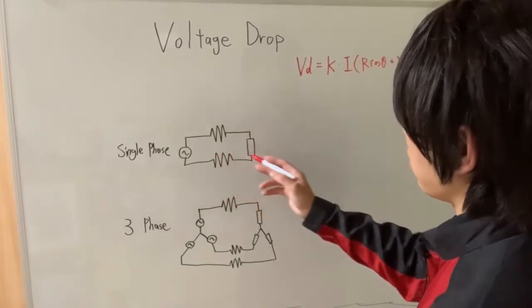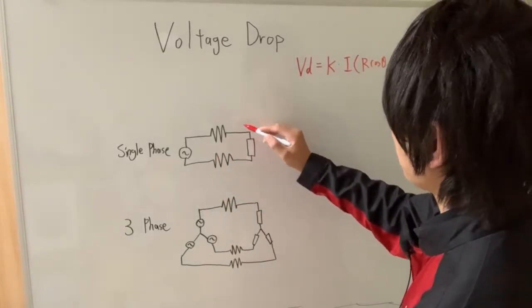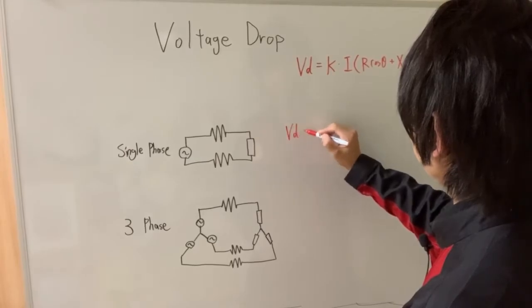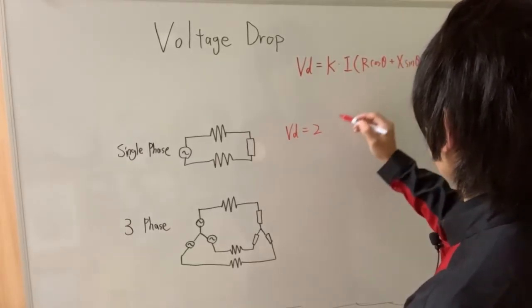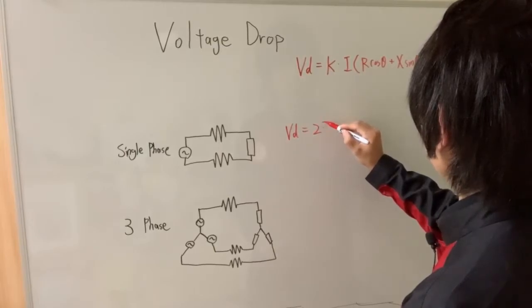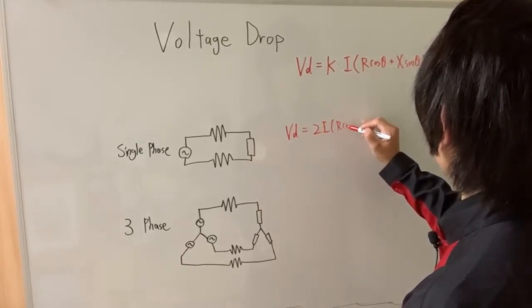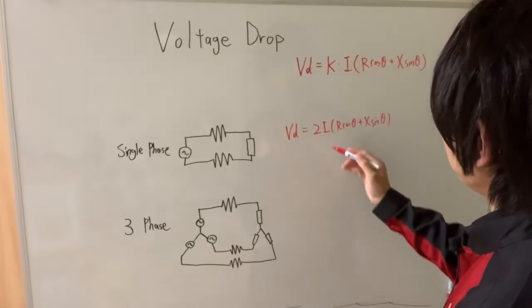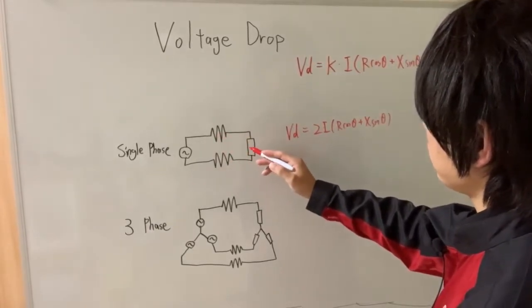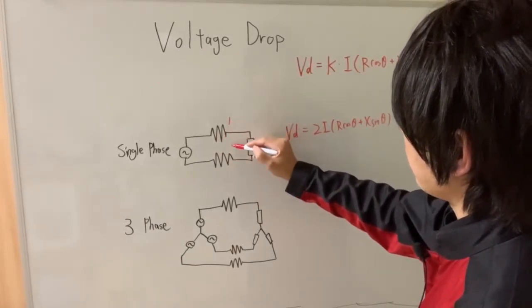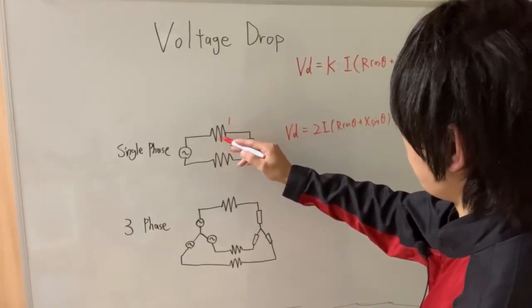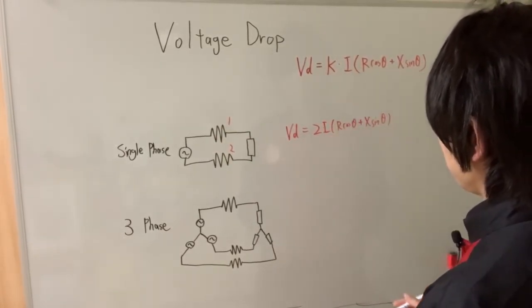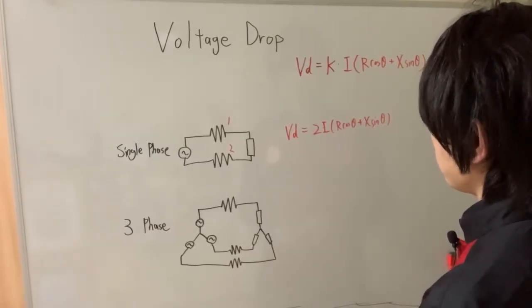In the single phase circuit, we need to multiply this formula by two, because there are two impedances, like here, 1 and 2, that is going and returning respectively. So we need to multiply 2 as a coefficient.